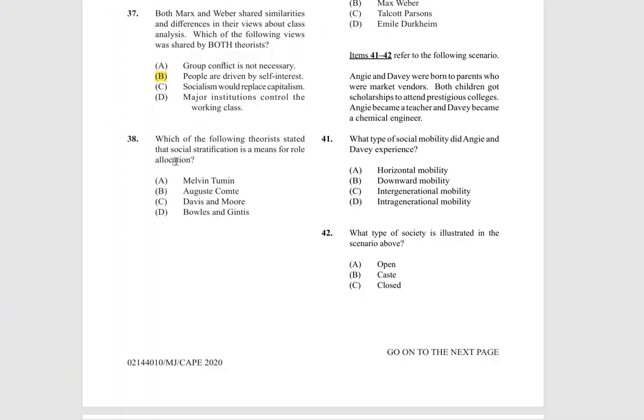A. 38. Which of the following theories stated that social stratification is a means for role allocation? Is it Melvin Tumin, August Comte, Davis Moore, or Bowles and Gintis?